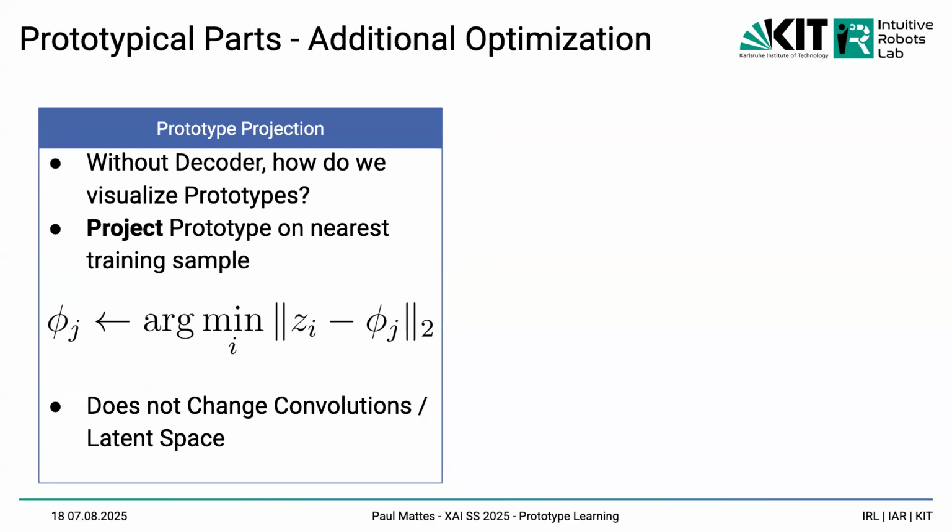This means we input whatever image and then see what is the nearest training sample this prototype learned on. And then we can say, okay, this should be the thing the prototype learned. This also does not change convolutions on latent space, so it does not change the whole architecture, right?